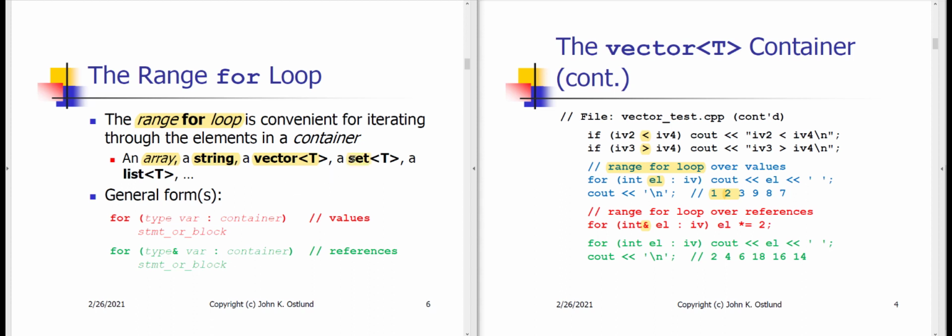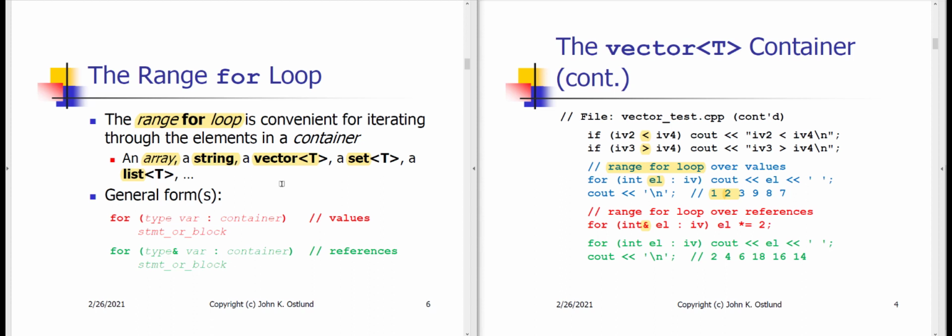We also have set, which is a standard library container type that we're going to look at toward the end of this lecture. And we have a ton of other container types in the C++ standard library. We have lists, we have double-ended queues, we have maps, we have hash tables, which are called unordered sets.